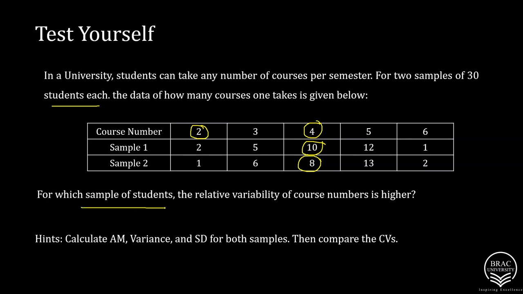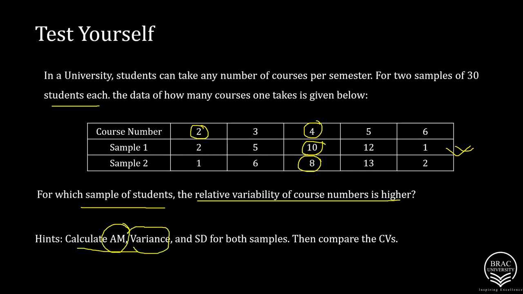For which sample of students is the relative variability of course number higher? So we have to calculate the arithmetic mean, that is, we have to sum the frequencies, the number of students, and after that find the arithmetic mean, and then find the variance.